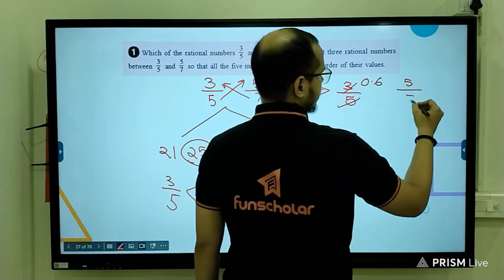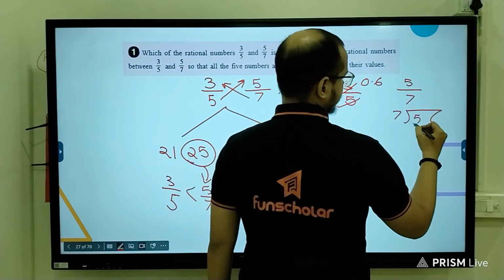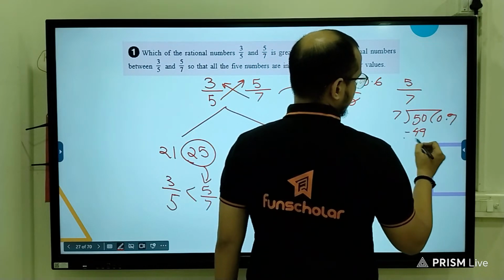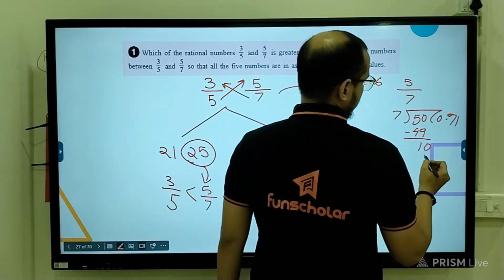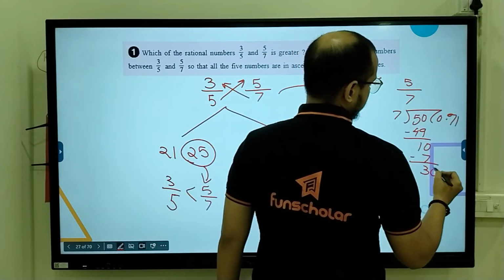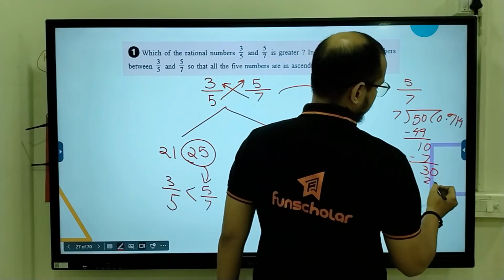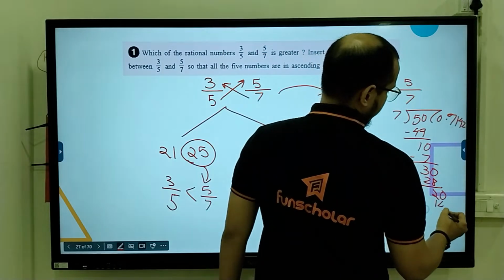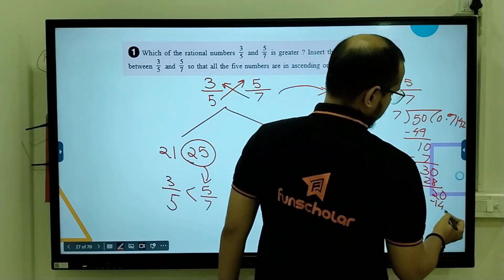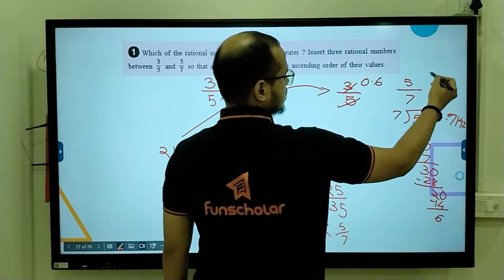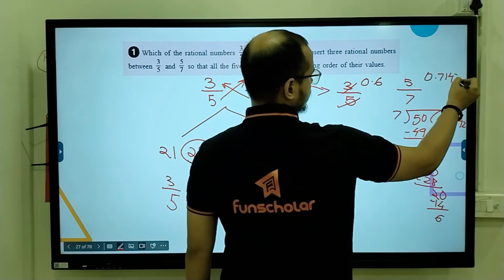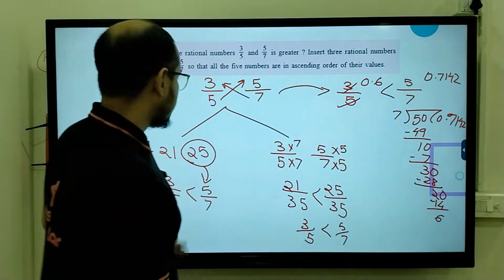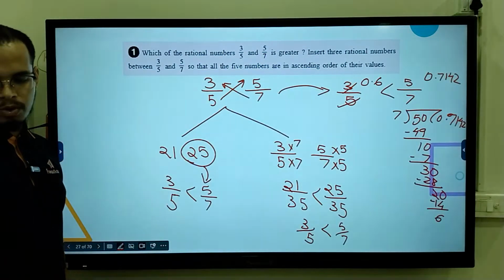Similarly 5 by 7, if I divide, 7 into 50 is 49, remainder 1, 10, 7, 30, this is 4, 28, 20, 2, 14, 6. Okay, so it will give us 0.7142. Obviously 0.7142 is greater than 0.6. So any of these three you can do, no problem.